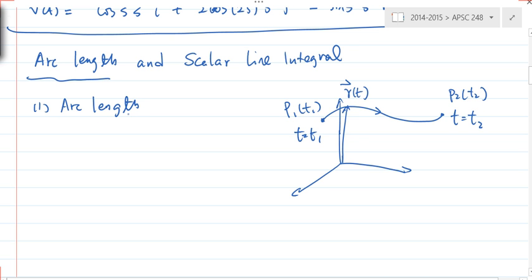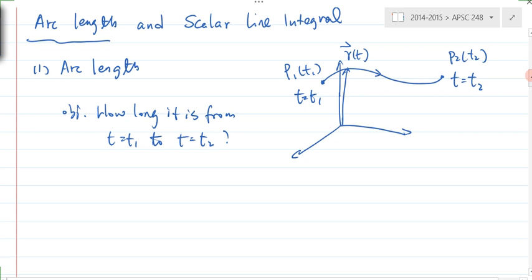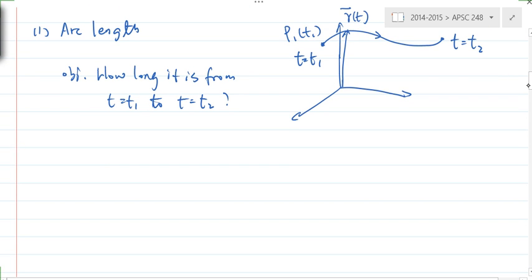So here's the objective. In plain words, basically how long is it from t equal to t1 to t equal to t2? This is how we approach this kind of question.